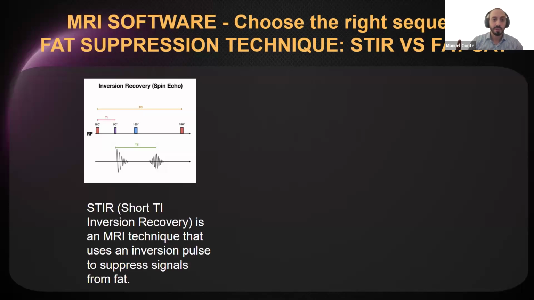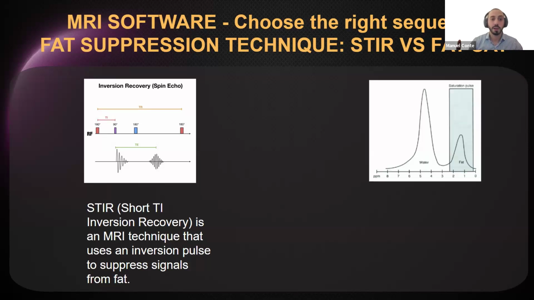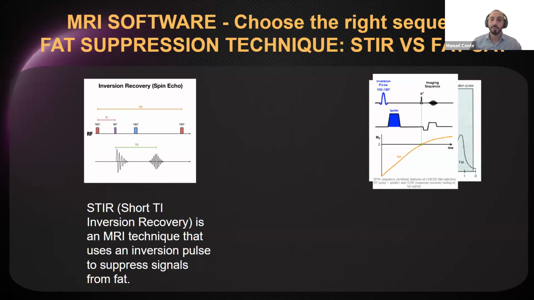And these techniques are very good when we scan metal implants. The FATSAT techniques use an RF pulse as a saturation pulse that goes to the spectrum of fat in a selective way.